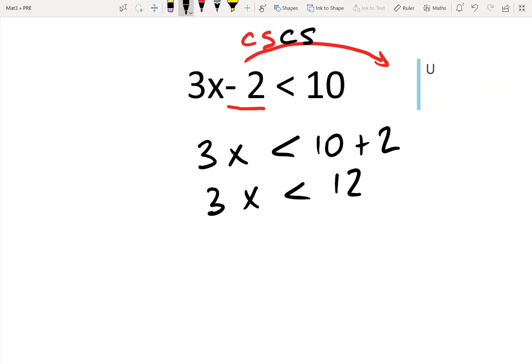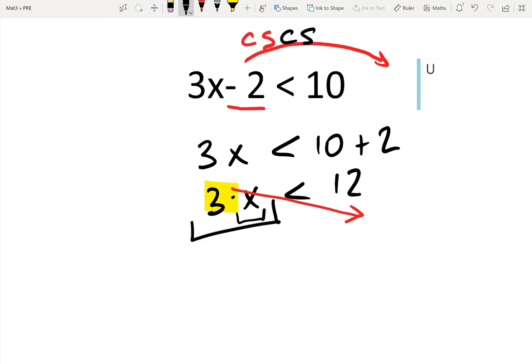Okay, now we look at this and we identify that the variable term is isolated, but not the variable itself, x. So the opposite of multiplication by 3 is divide by 3. In practical, fast algebra, without putting in the extra step of divide by 3 on both sides, we can cancel the 3 and the divide by 3 on the left.